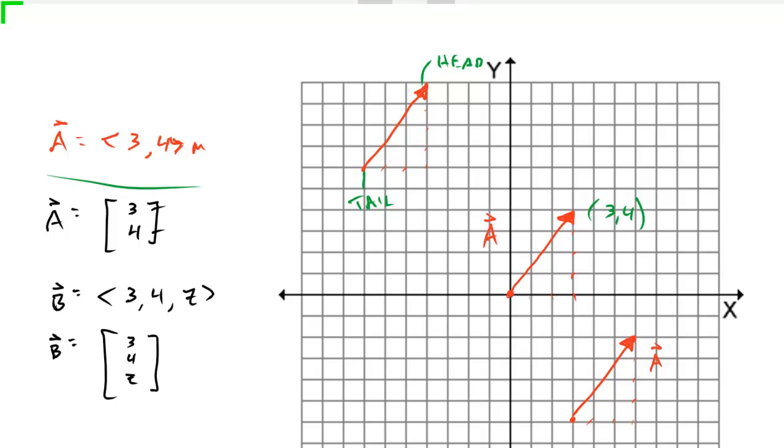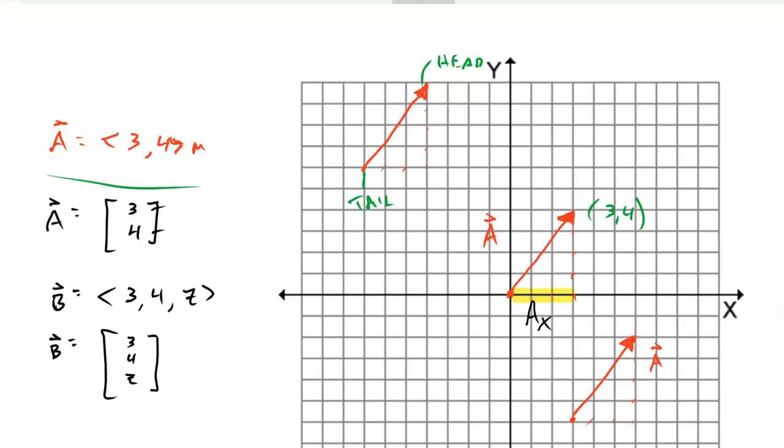Some of the other really important parts of this vector are how it's moving in the x and how it's moving in the y. So in x here, it moves over 3. We can call this ax. This is our x component of the vector A. And this is its magnitude in the x direction.